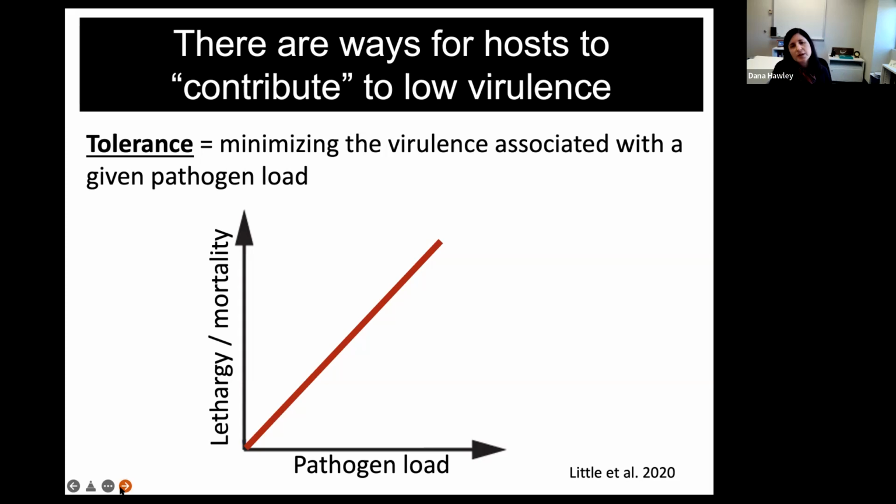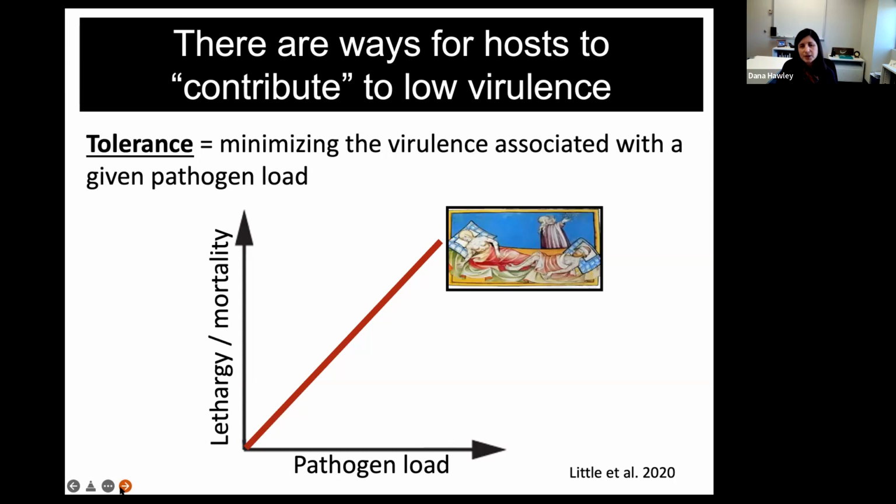So we measure tolerance using essentially the relationship between pathogen load and the fitness impacts of infection here on the y-axis, which are almost always positive. So in a typical pathogen system, we see that individuals that harbor higher loads of pathogen are going to have higher fitness impacts.